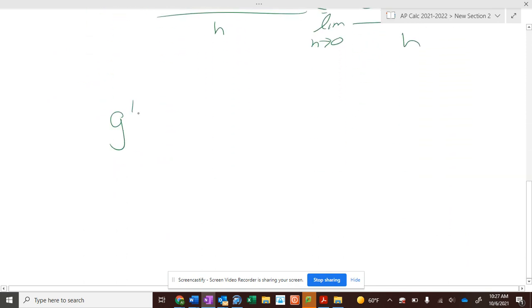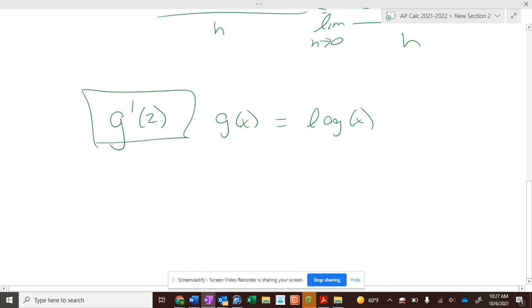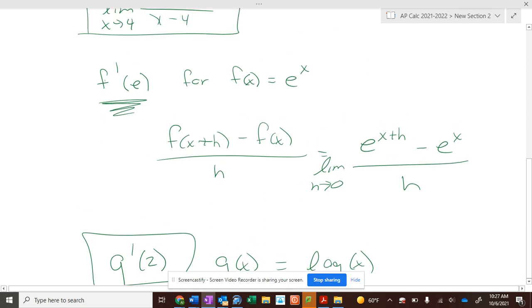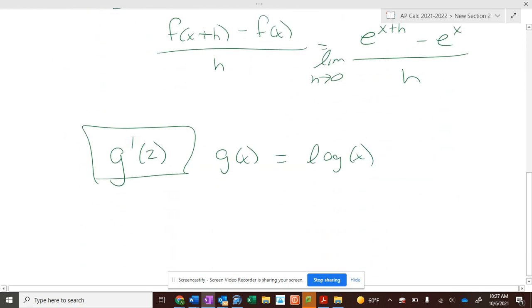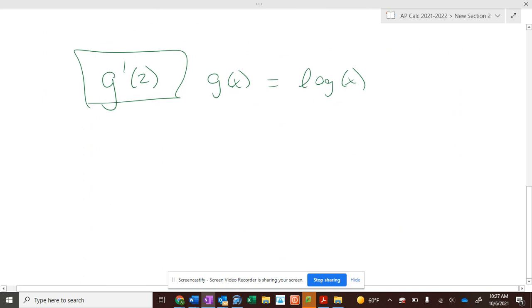So if they give you g prime of 2 for g of x equals the log of x, again, they give you g prime at a number, not a specific variable equals a number. So you've got to use the first one.